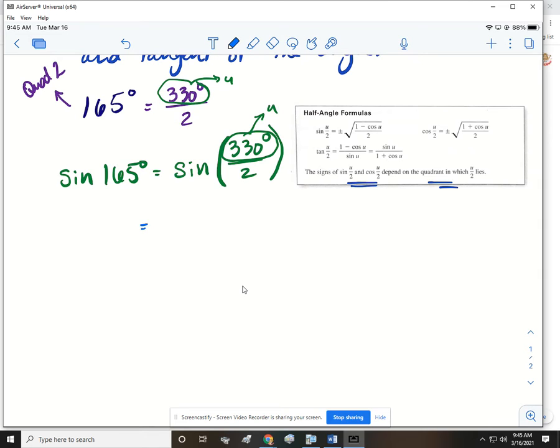Now I need to know if I do the positive or negative square root. In quadrant 2, sine is positive, so it's going to be the positive square root. And then under there we're going to have a fraction of 1 minus cosine of 330 degrees over 2.